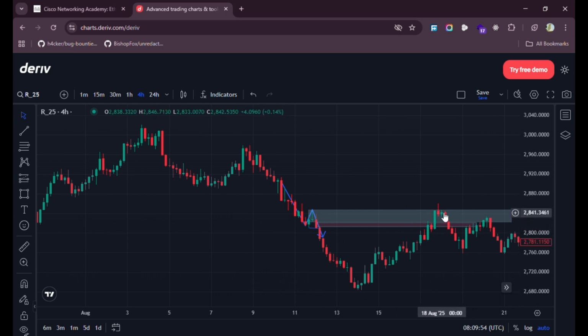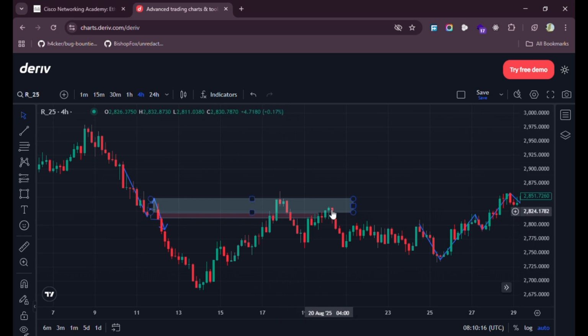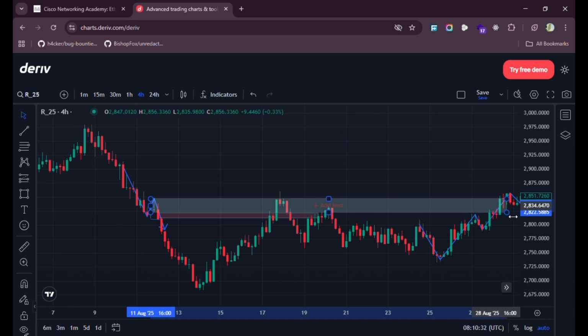It did retrace to this point, took out the liquidity on the wick of this order block, then went to the downward side. Once you go to 15 minutes, you'll be able to identify a good entry. It came back to retrace to the order block and then proceeded with the downward movement up to this point. This was a strong rejection point, and you see this order block did hold for quite some time.